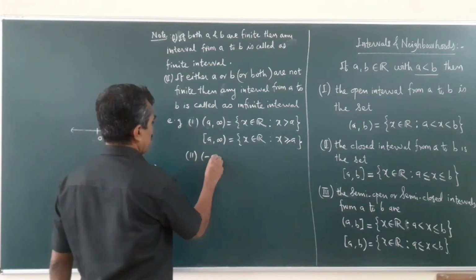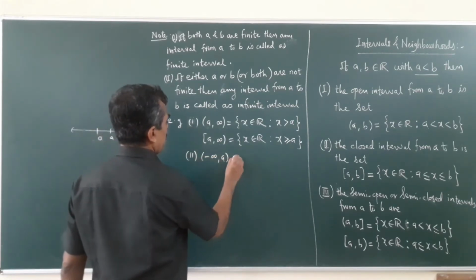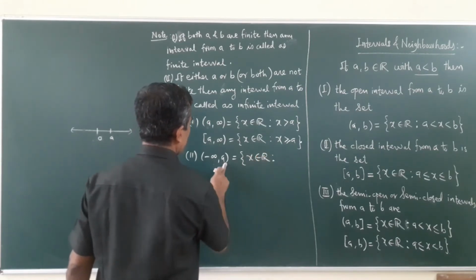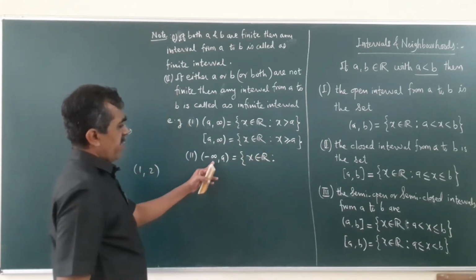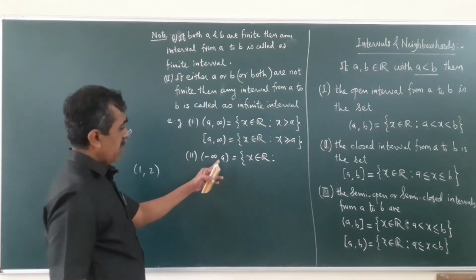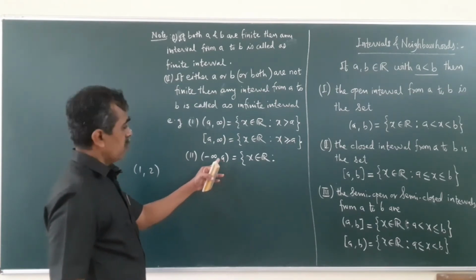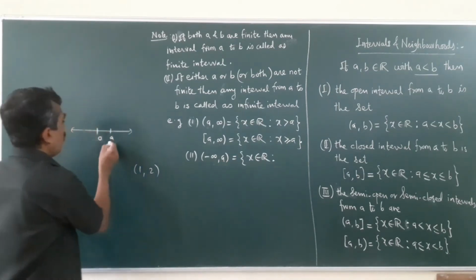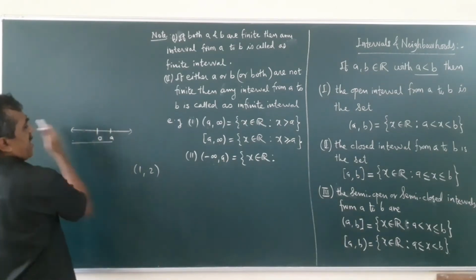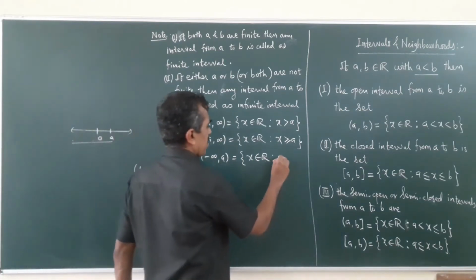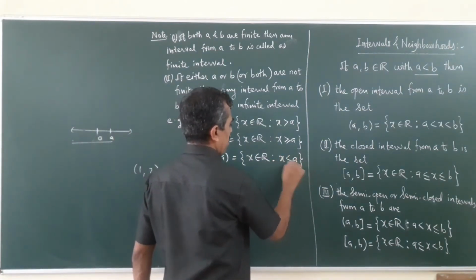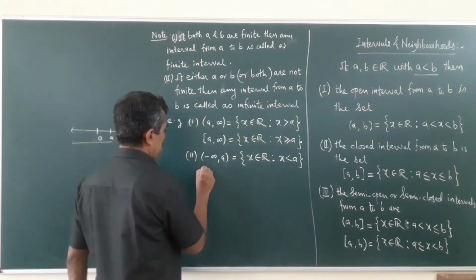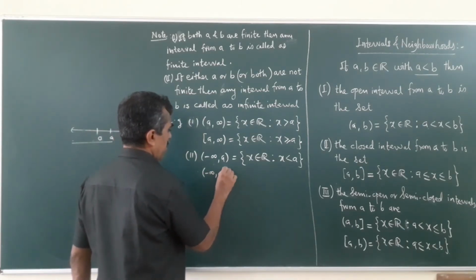Second, (minus infinity, A): the set of all x in R such that x is greater than minus infinity and less than A. Suppose here is A, all numbers less than A, so that is x less than A. And how do you write (minus infinity, A]?